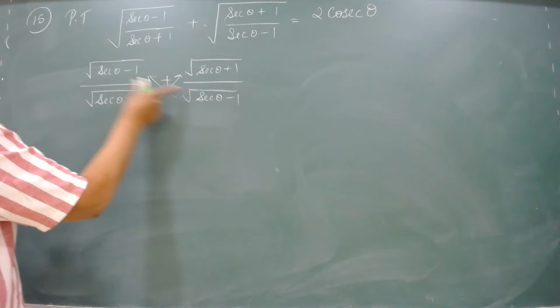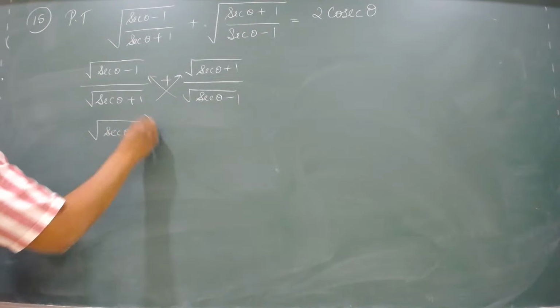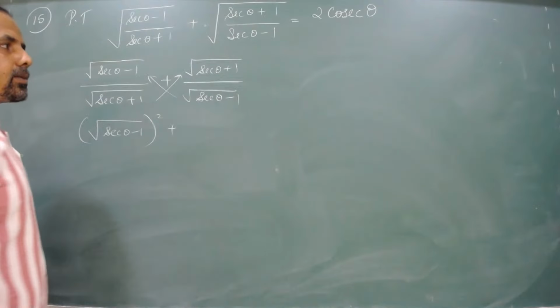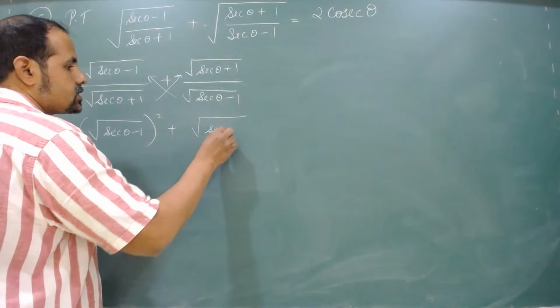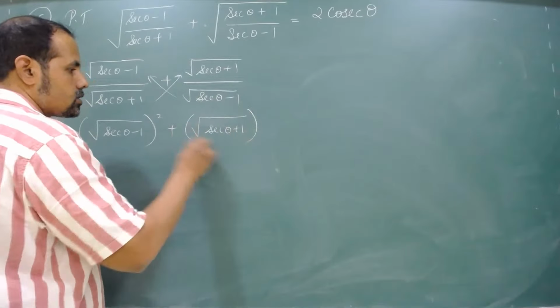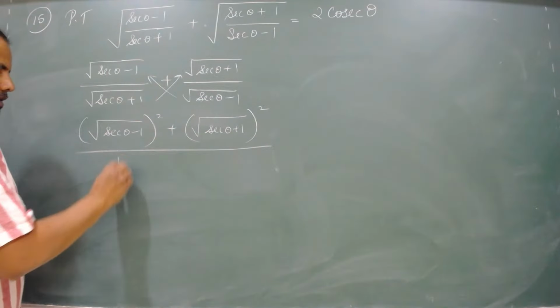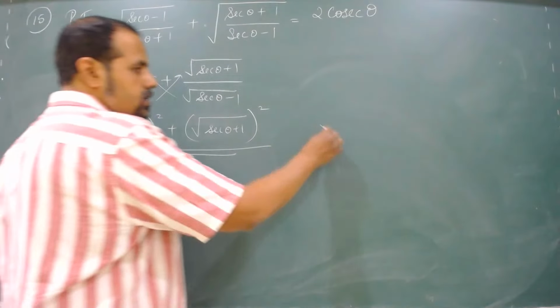Sec theta minus 1 into sec theta minus 1 is sec theta minus 1 the whole square. Root of sec theta plus 1 into root of sec theta plus 1 is root of sec theta plus 1 the whole square, divided by root of (a plus b) into (a minus b). See that?